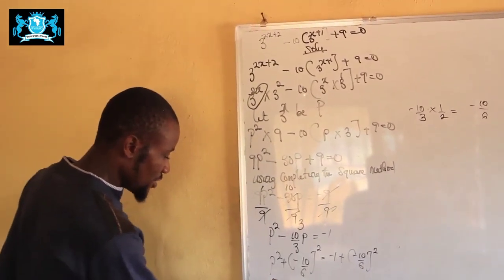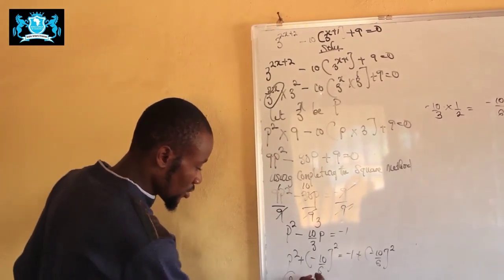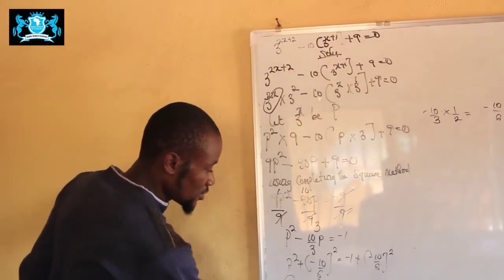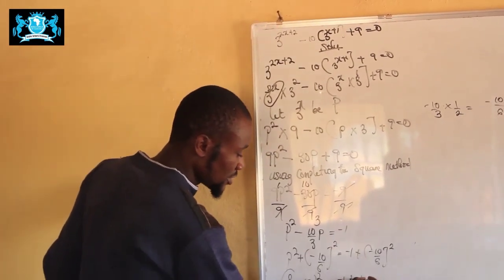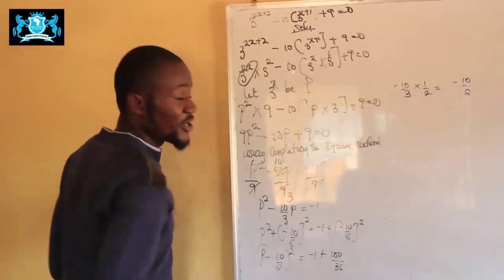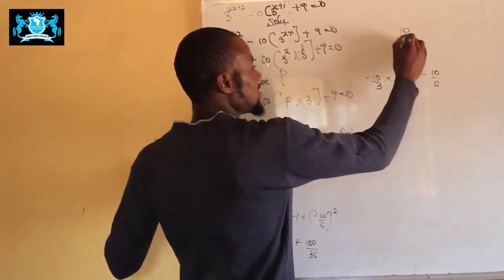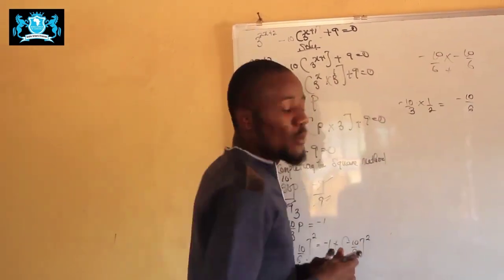So we have p minus 10 over 6 all raised to the power 2 is equal to minus 1 plus 10 raised to the power 2, which is 100, over 6 raised to the power 2, which is 36. The minus goes because minus times minus is now plus.